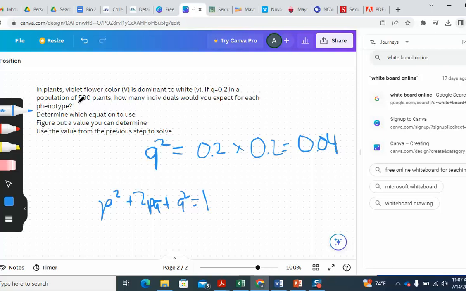So I was told that it was a population of 500 plants. So the frequency of the white individuals is 0.04.